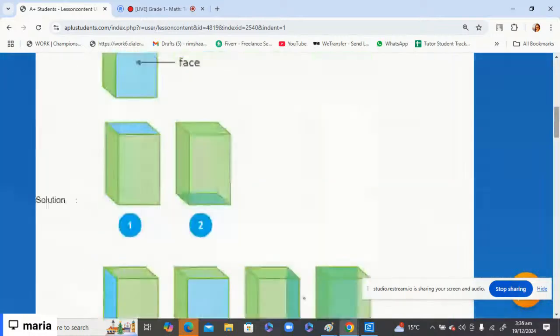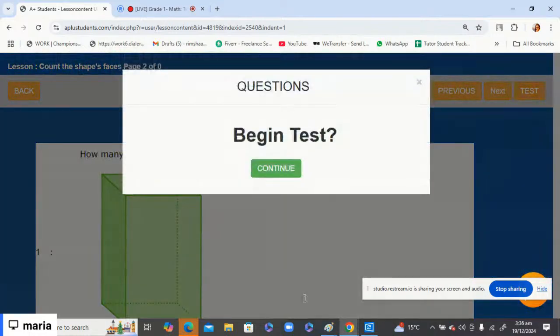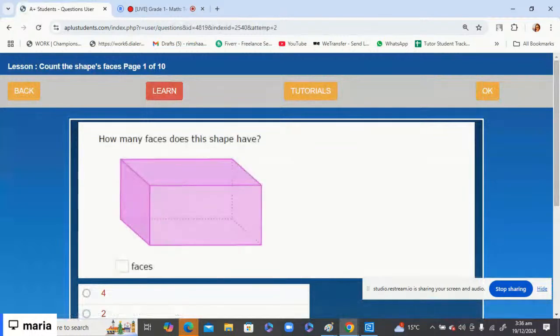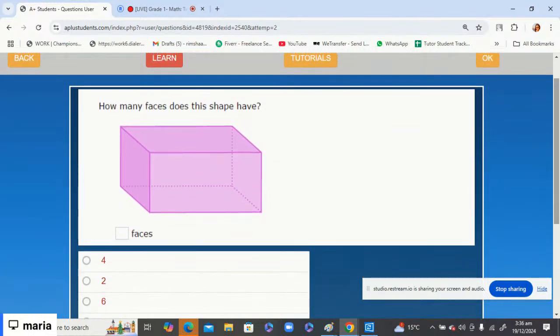So now let's do the test questions and then you guys tell me the answers, okay? Now you guys tell me how many faces does this shape have? Do it, everyone tell me. So how many faces does this shape have? We already know it now. Basically count the top, okay, then count the bottom.